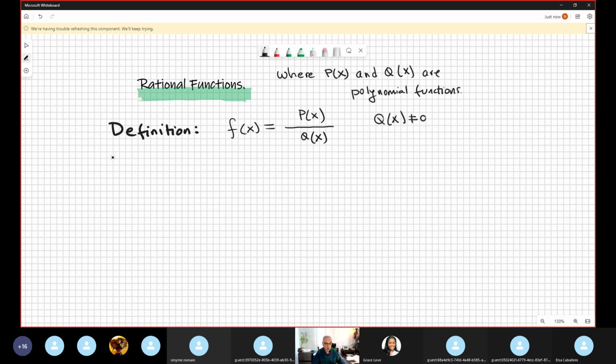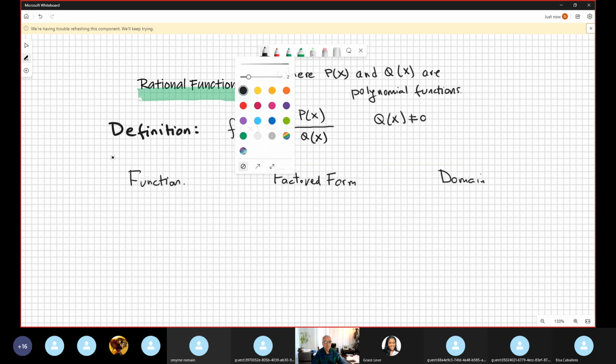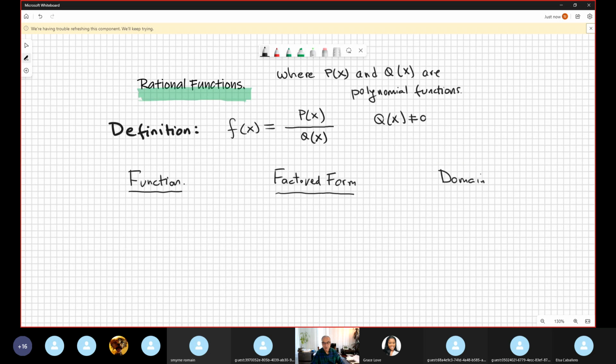I copy a table like that: function, factored form, and domain. Factored form is not new, it's only factorization.